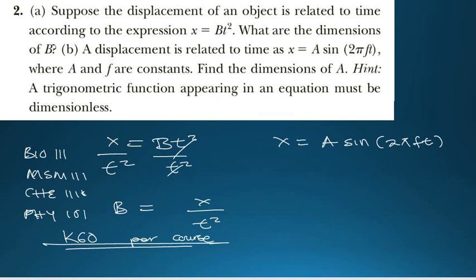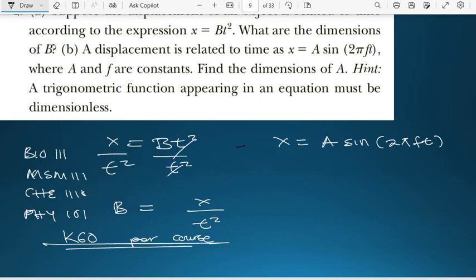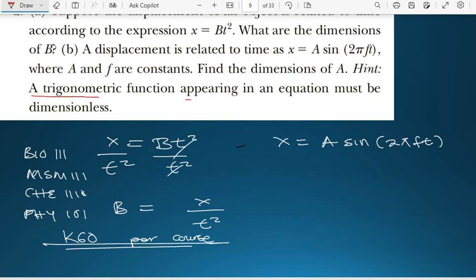What have we been taught? We have been given this hint, guys. Let me change the color so that you may see clearly. I want you to read this hint: a trigonometric function appearing in the equation must be dimensionless. That means the sine is going to be dimensionless.